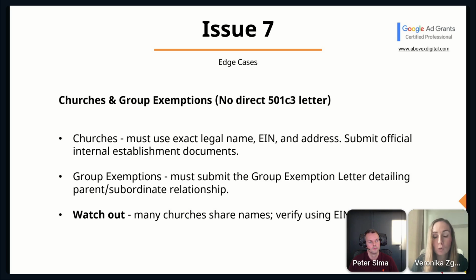Goodstack and Google absolutely want to support churches and group exemptions. However, you might need to provide extra evidence of what your legal name is, what your registration number is. So you need to have at least your state evidence and state registration, right? Which is slightly different to your typical nonprofit that is just helping maybe underprivileged kids, right?